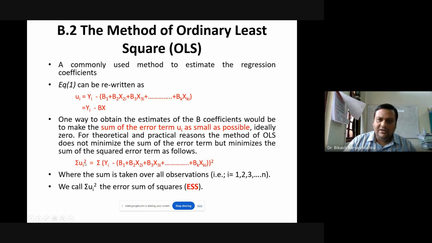The square term of the error term, if you minimize it with respect to certain conditions, then accordingly it will give rise to the efficient estimation, or the proper way of estimation of b1, b2, b3, etc.